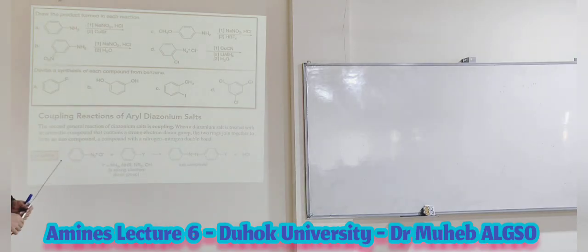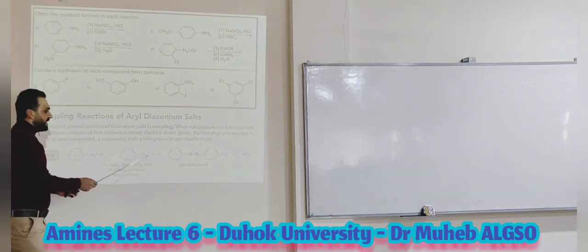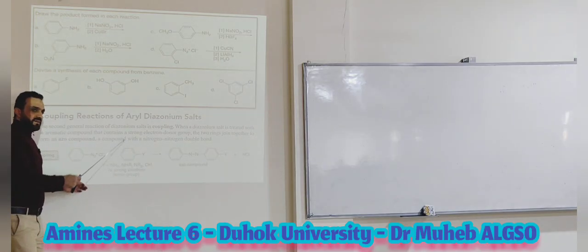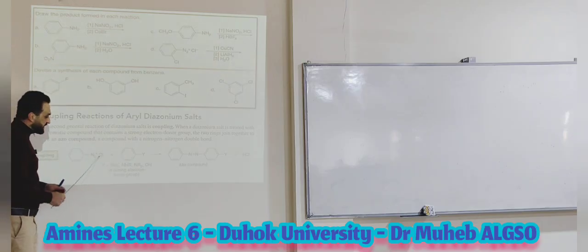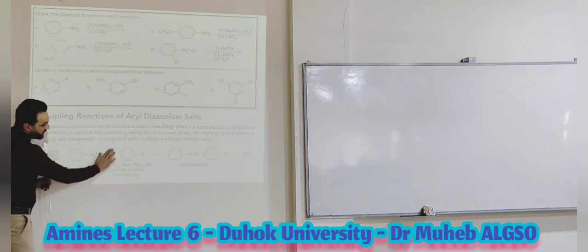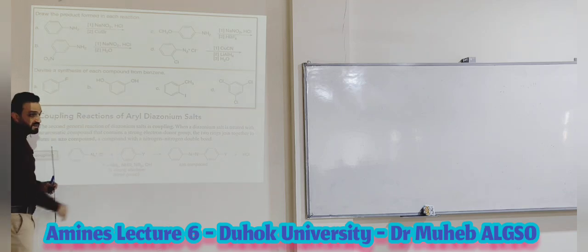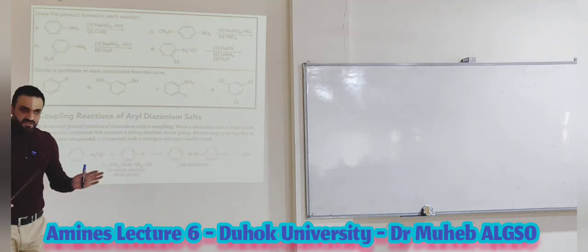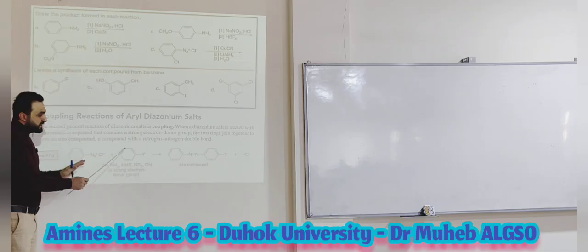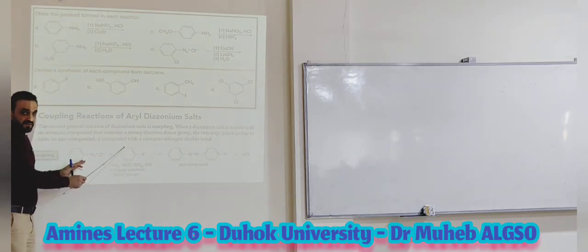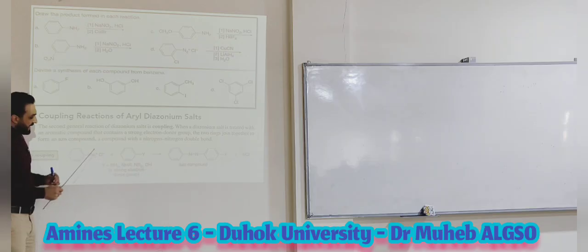Why? Maybe some of you will be asked why it must be a donor and activated. Because the diazonium salt, with the negative charge aside, is it an electrophile or a nucleophile? Positively charged? Yes, electrophile. So this will work as a nucleophile. So it will go through electrophilic aromatic substitution.